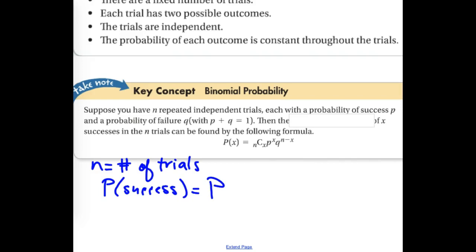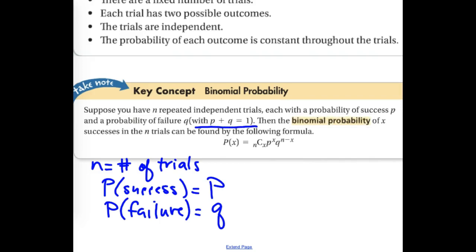The probability of failure, they use the letter q for that. The one thing to keep in mind is only two things can happen. So if there's a 40% chance that it happens, what's the percent chance that it doesn't? The percents have to add up to 100, or the decimals have to add up to 1. So that's what this part was saying.